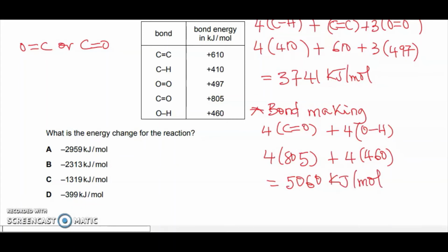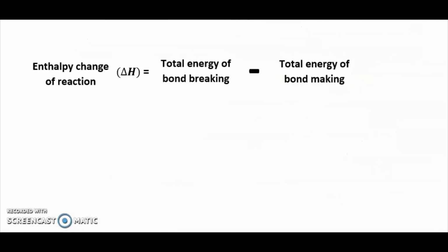Okay, now we have our values for bond breaking and we have our values for bond making. Now, applying our formula, we have this.